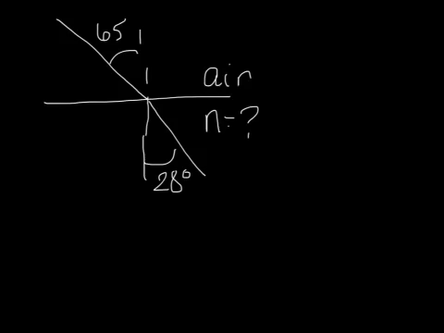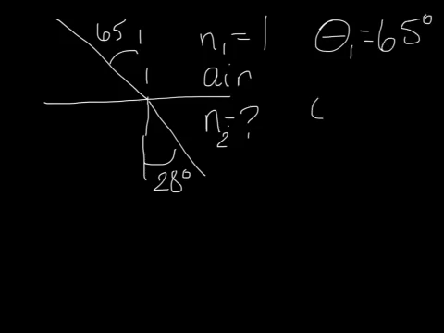So, what do we know? We know the index of refraction for air, and I always like to call whatever is on top 1. So N1 is air, and it's 1. N2 is down here, and we don't know what it is. Theta 1 is 65 degrees. Theta 2 is 28 degrees.